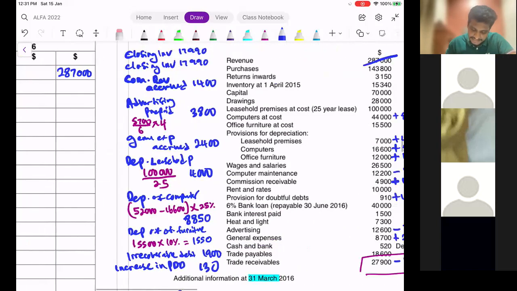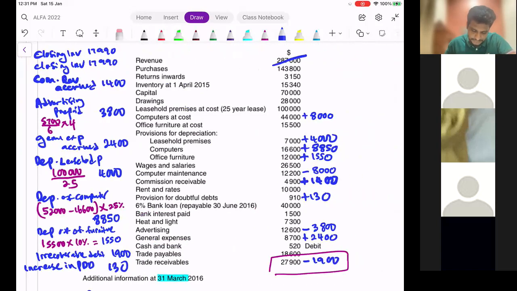Revenue needs to minus a sales return. Do you have a sales return here? Return inwards is my sales return.